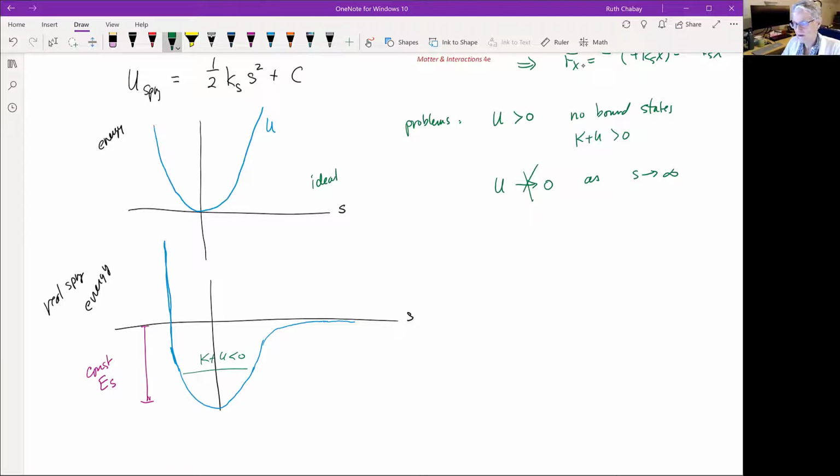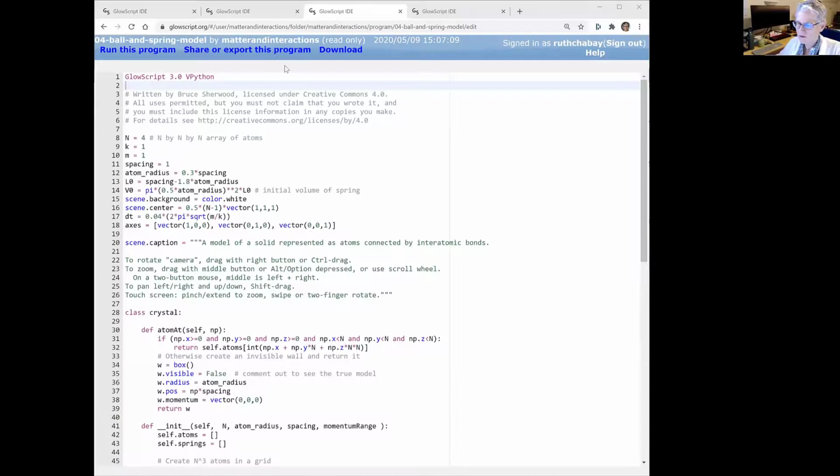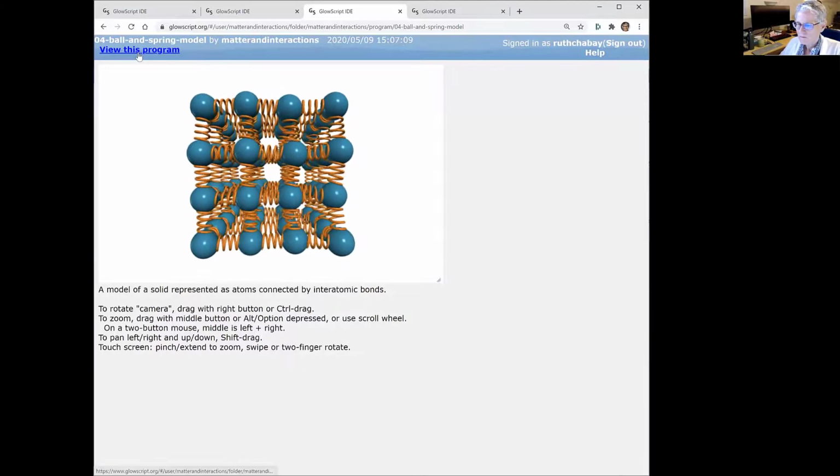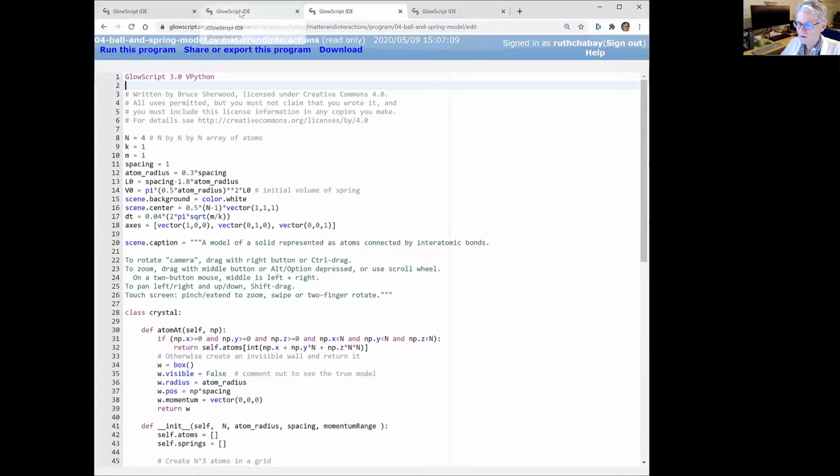It would kind of look like that. So this might be a helpful visualization here. Here's a Python program, which you can see in the demo programs at glowscript.org.